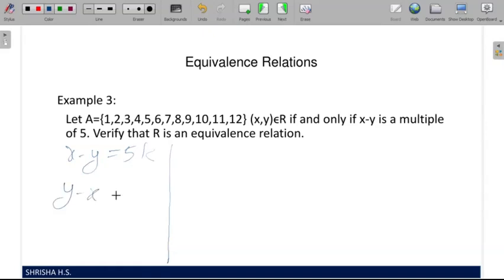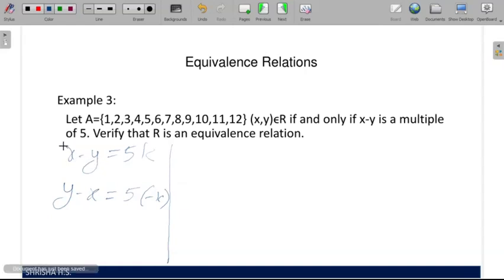Y minus x equal to 5 into minus k. So just apply minus. How do you make x minus y into y minus x? Multiply LHS and RHS both by minus.